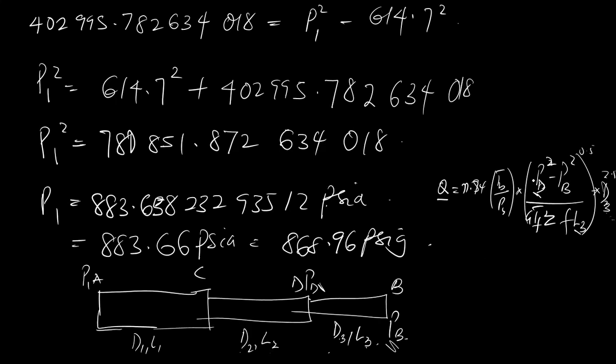The other things remain the same, only these change. Use it to calculate for your C. Then from C you can calculate your P1, which is what we are asked to get. So that is another method to do this without using the equivalent length.